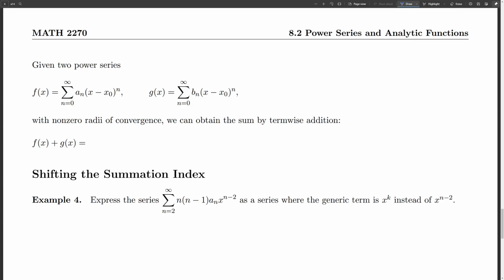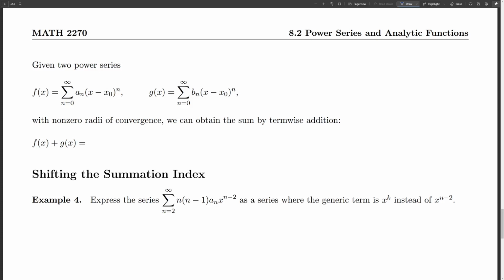So if we're given two power series that are centered at x naught, namely f of x equals the summation from n equals 0 to infinity of a sub n times x minus x naught to the power n, and g of x equals the summation from n equals 0 to infinity of b sub n times x minus x naught to the power n, and both have a non-zero radius of convergence, we can then obtain the sum by termwise addition.